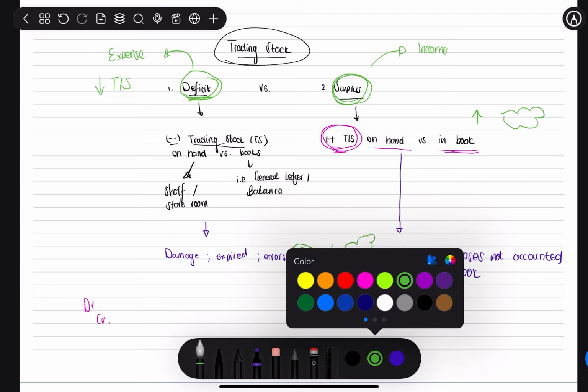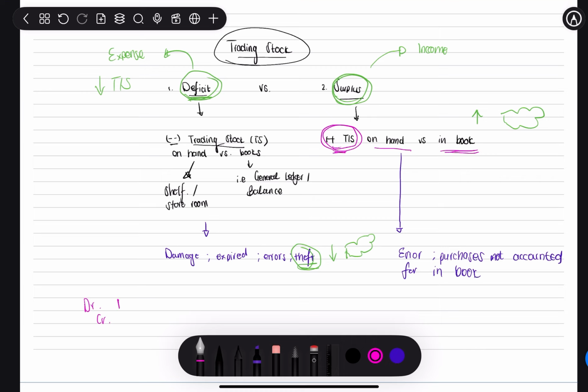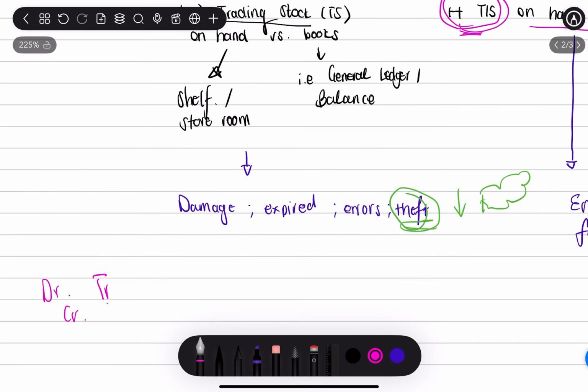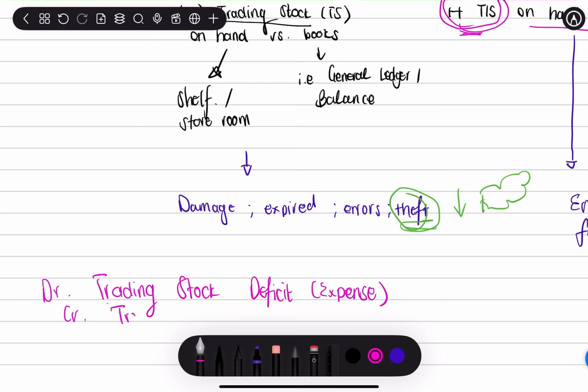Here there is more trading stock than what we thought, so we are trying to bring trading stock up. Therefore, our journals would be: trading stock deficit is an expense, so expenses are debited. So we're saying trading stock deficit, expense. And then here we are saying trading stock, which is an asset.